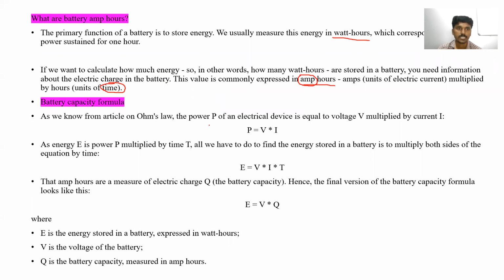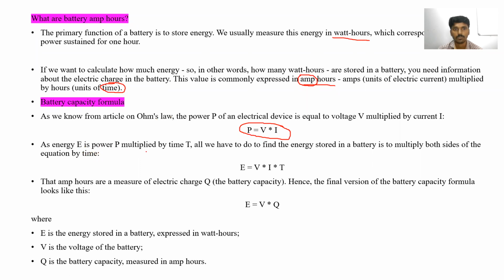So what is the battery capacity formula? From Ohm's law, the power P of an electrical device is equal to the voltage multiplied by the current I. P is equal to V into I. We can also define energy.